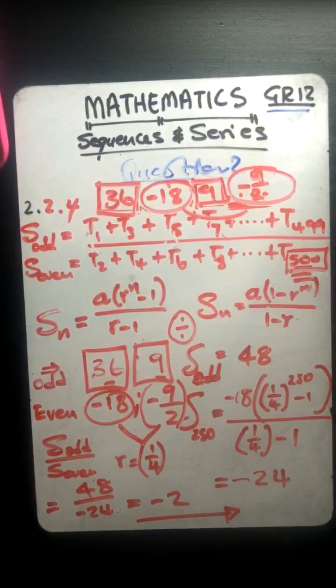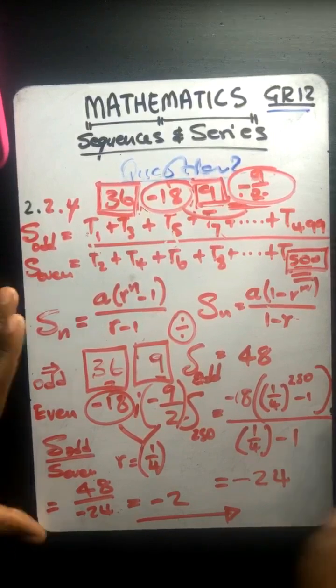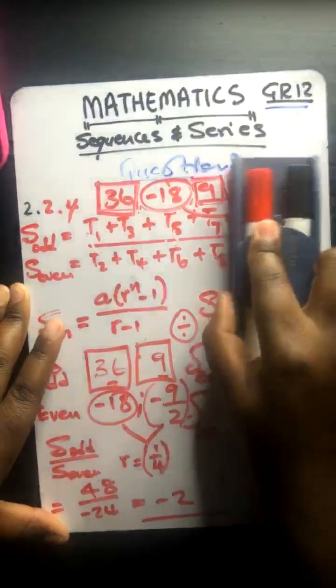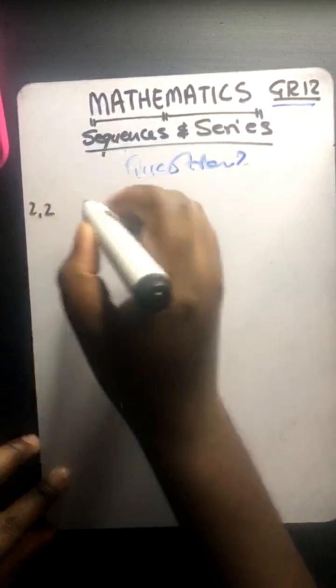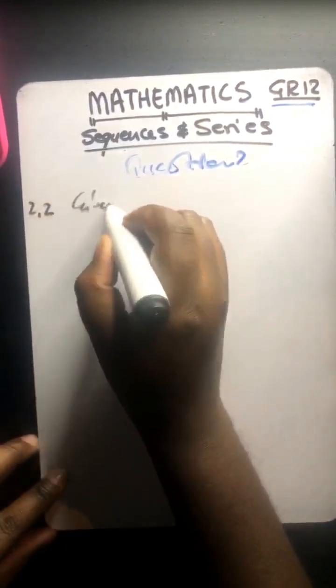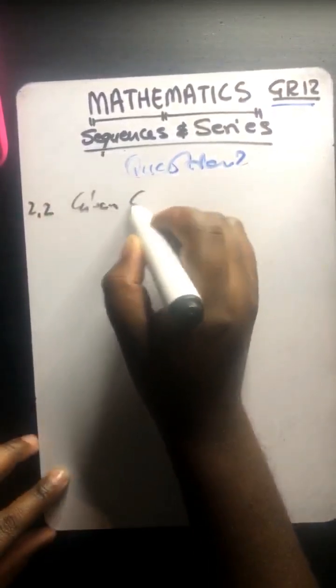We're going to skip all that is under that quadratic. We'll only do question 2.2, which is the last two questions. I'm pretty sure that once we have done that, you will have an idea of how tricky questions may be. So let's see. If you're able to see that question, it says a given geometric series.